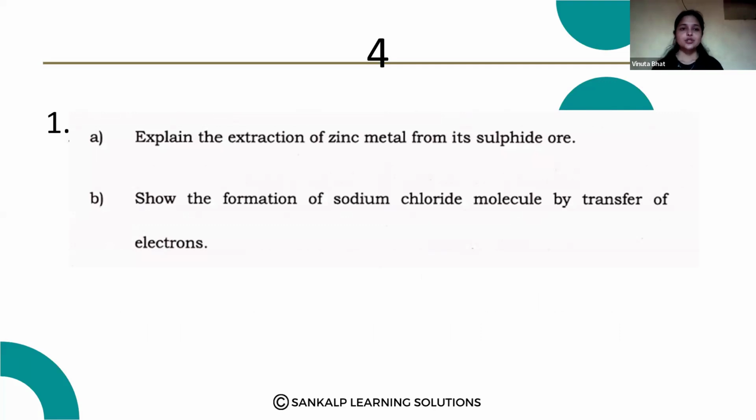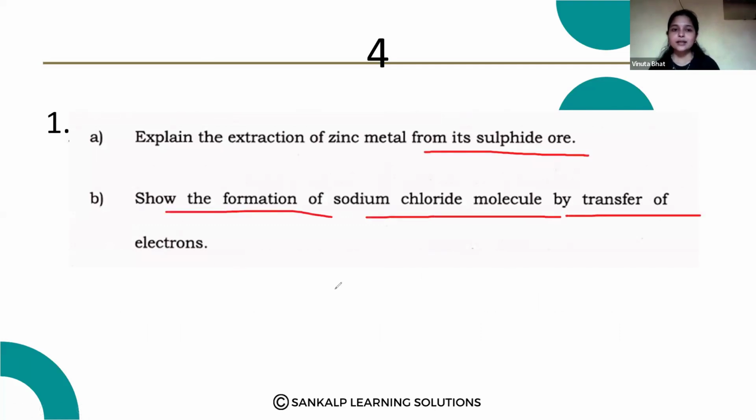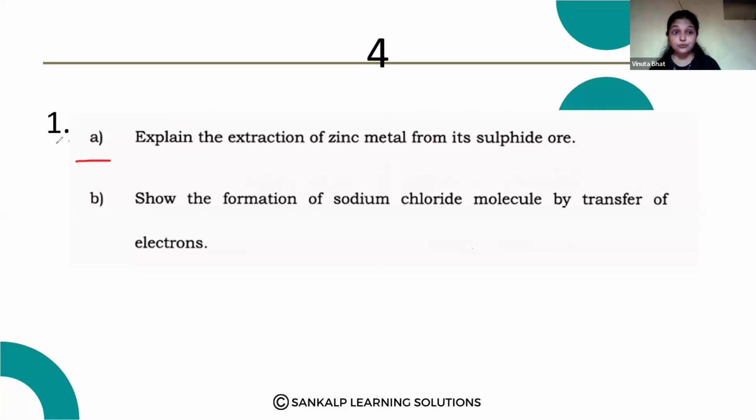Here, the first question is: explain the extraction of zinc metal from its sulfide ores. The second: show the formation of sodium chloride molecule by transfer of electrons. Each question carries 2 marks.